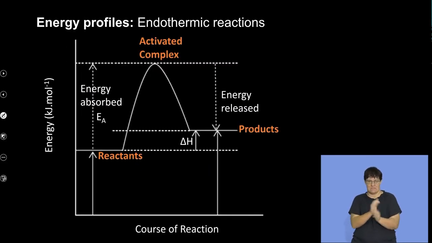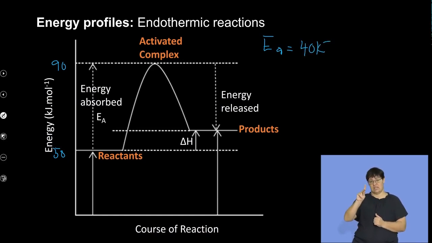Now, as far as this endothermic reaction, let's say for argument's sake, this is 50 kilojoules per mole, and that's, let's say, 90 kilojoules. The amount of energy absorbed is the interval between 50 and 90, which is the minimum, our activation energy. So our activation energy in this case equals 40 kilojoules per mole.